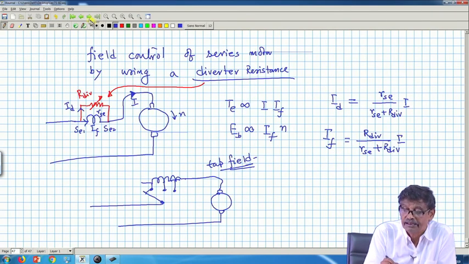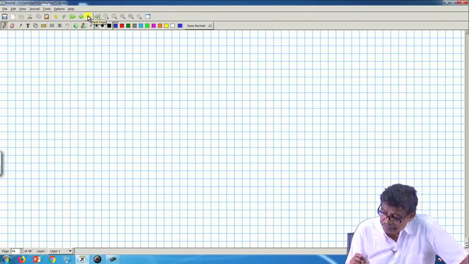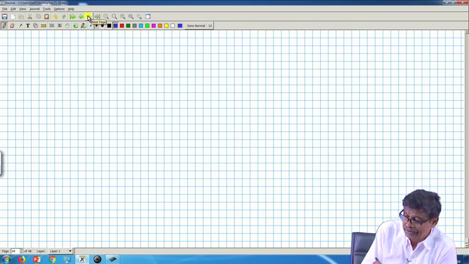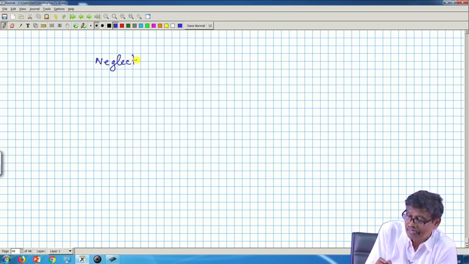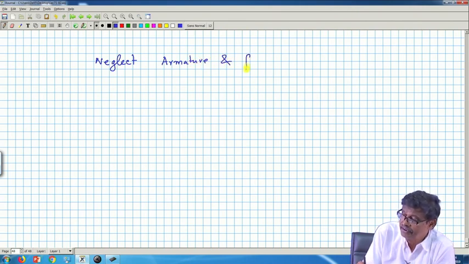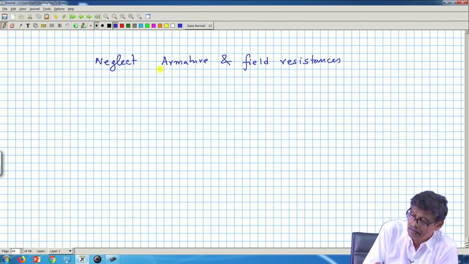Whatever little time is left, I will now just solve one numerical problem. For example, if I say neglect armature and field resistances of a series motor.